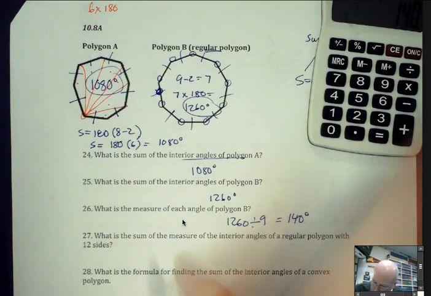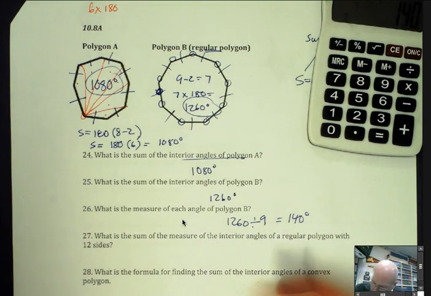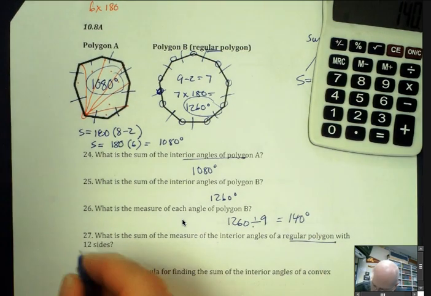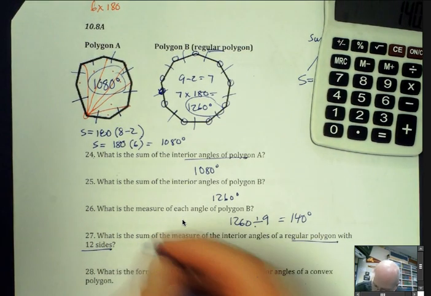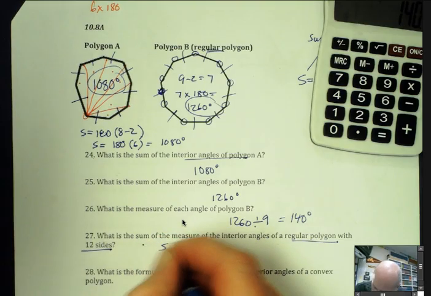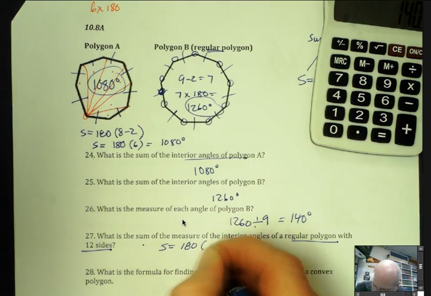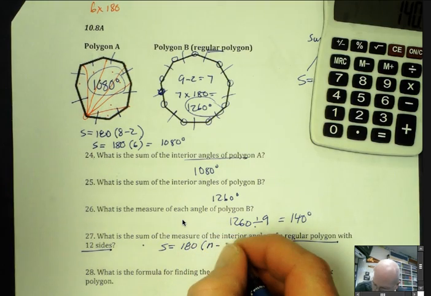All right, what is the sum of the measure of the interior angles of a regular polygon? This one has no picture. It's a regular polygon with 12 sides. Well, if it has 12 sides, and I use that formula, the sum equals 180 times the number of sides minus 2.